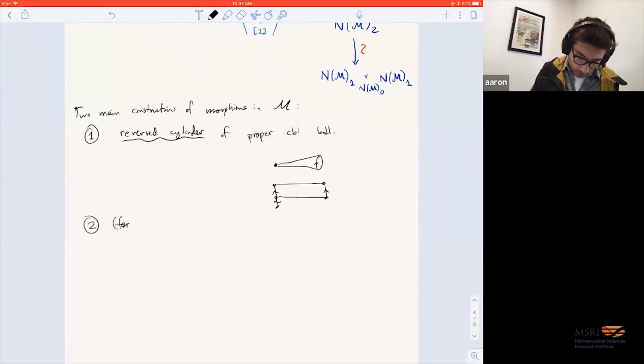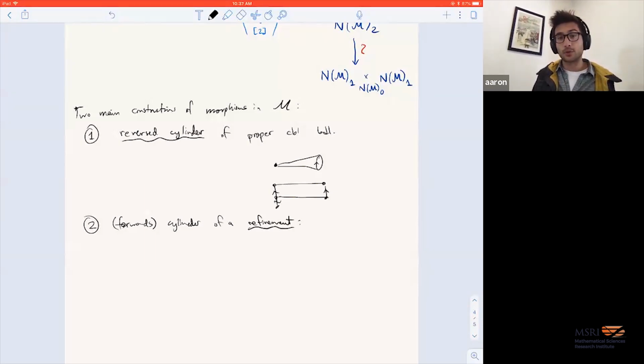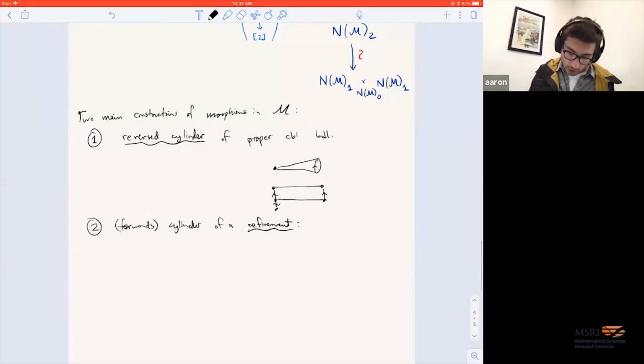And another construction is just the forwards cylinder of a refinement morphism between stratified spaces, which is just a homeomorphism on underlying topological spaces.